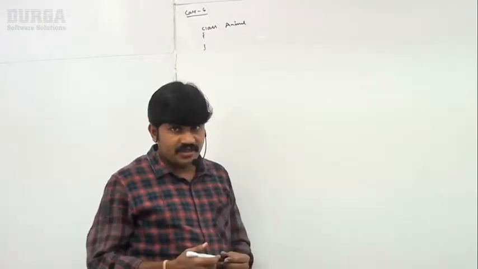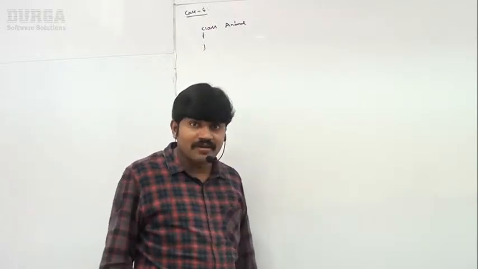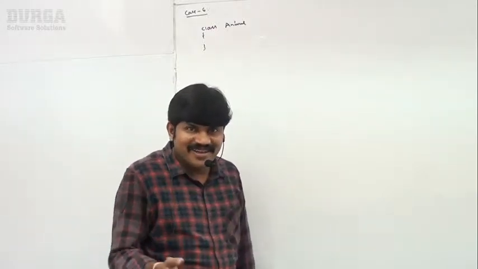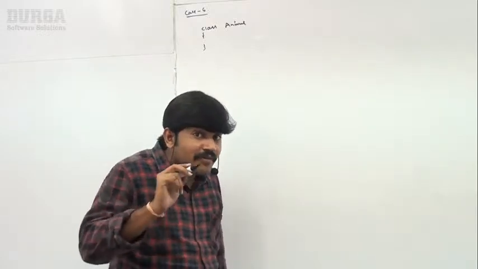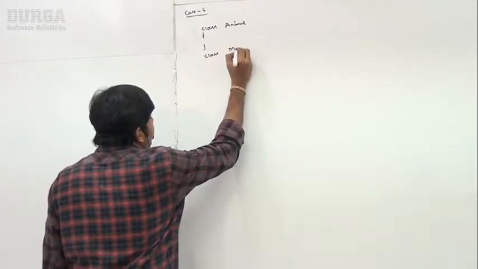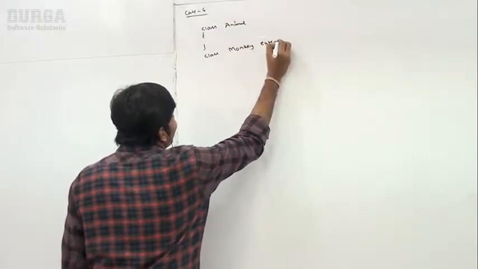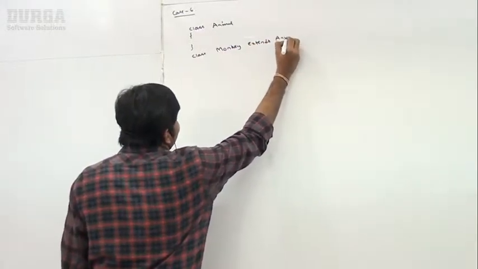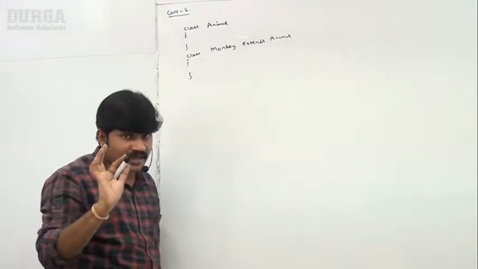Maybe tiger, lion, next to human. A human being is also a child of animal only. My favorite animal, class Monkey. Class Monkey extends Animal.